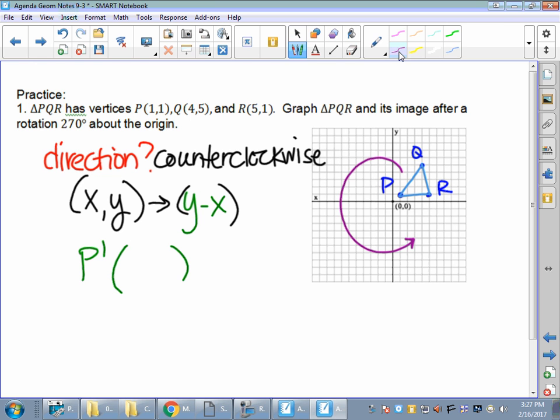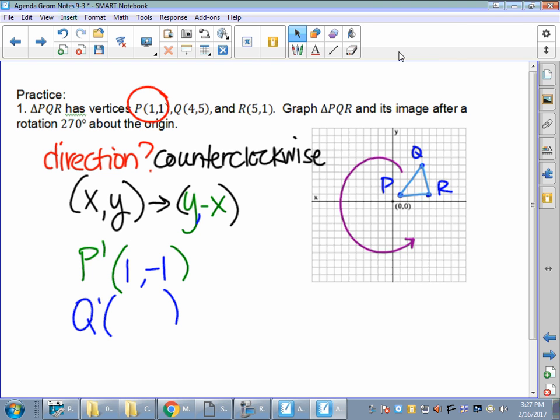So P prime, P starts out at 1, 1. I'm going to multiply my x coordinate by negative 1 and then interchange, which means I'm just going to end up with a 1, negative 1. Q prime, I started off with a 4, 5 for my ordered pair. I'm going to multiply that 4 by negative 1 and then switch them. So I'm going to have a 5, negative 4.